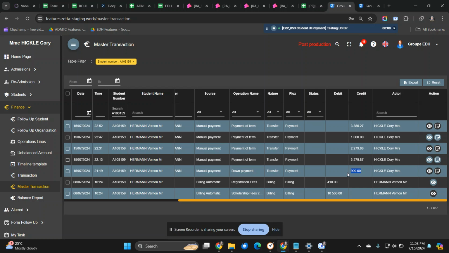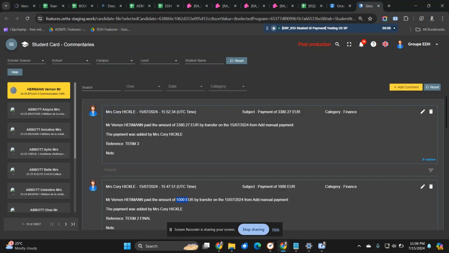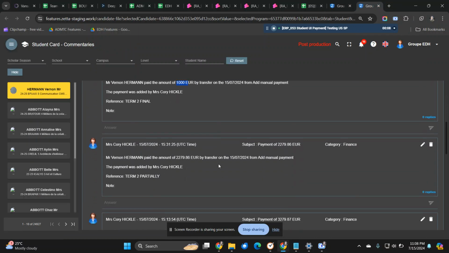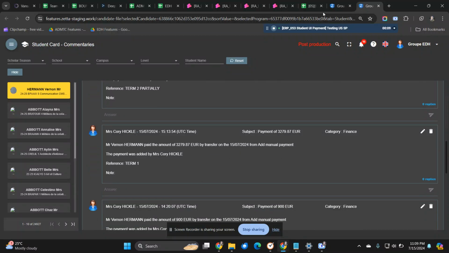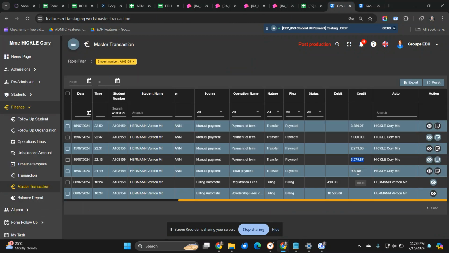Okay, what is displayed is the total of the payment of term 1, even though I did not pay fully the payment of term 1. Okay, it should display 2,122 in here because I paid partially. Okay.